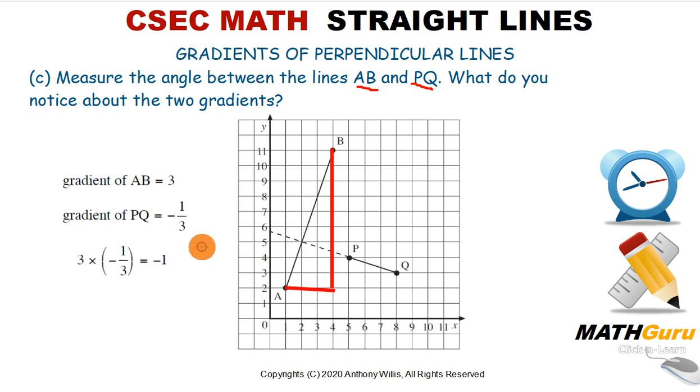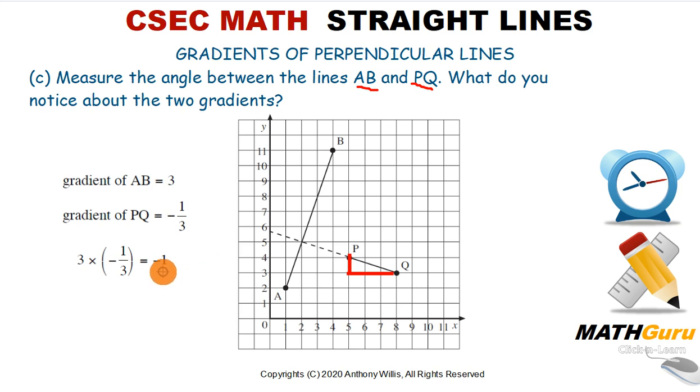And the gradient of PQ is minus 1 upon 3.